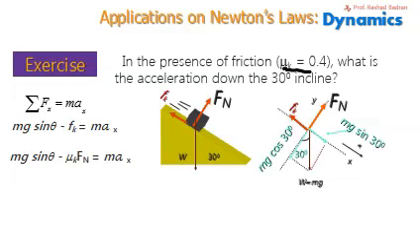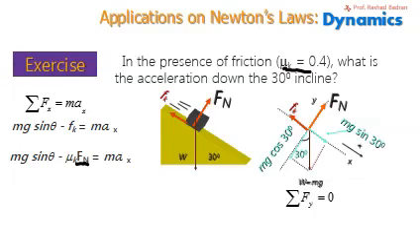What is left is we need to know what is Fn. To get Fn, we need to know the net force along the y-axis. The net force along the y-axis is 0 because along the y-axis there is no motion, neither upward nor downward for the block.